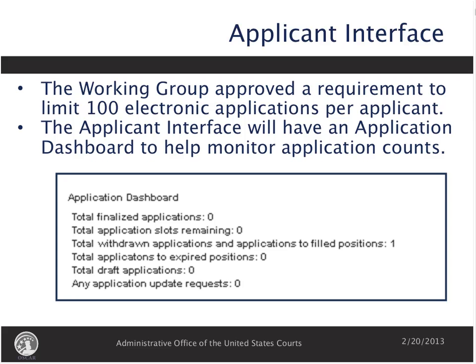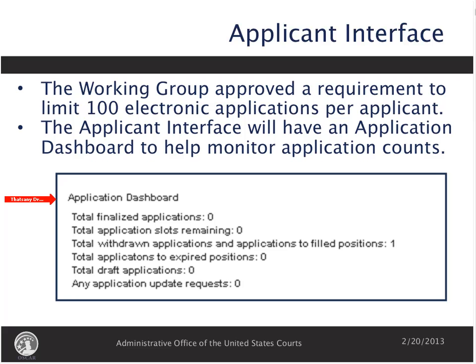And to help applicants monitor their applications, applicants will now have a dashboard to help keep track of application counts. This dashboard is located on the home page and on their My Applications page. It's going to include the total number of finalized applications, the total number of slots that they have remaining that they can use, the number of withdrawn applications, and the number of applications that are associated with a filled position.